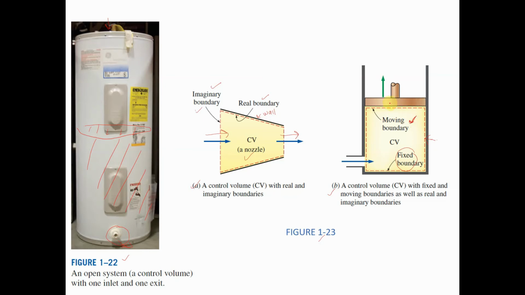Maybe this is a piston, where the boundary can move upward or downward depending on the volume that you want to control. And at the same time, there is another boundary, which is considered the imaginary boundary, where the mass will go in. Okay, so now we have a few types of boundary for the open system. We have the real boundary, fixed boundary, imaginary boundary, and even the moving boundary for the open system.